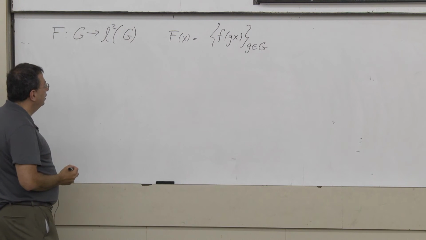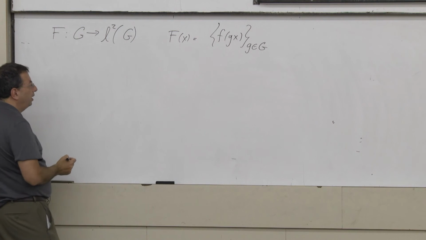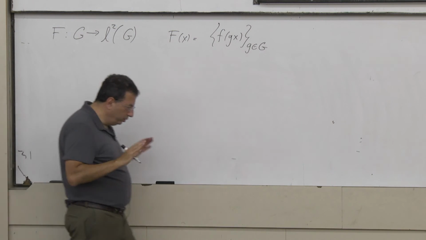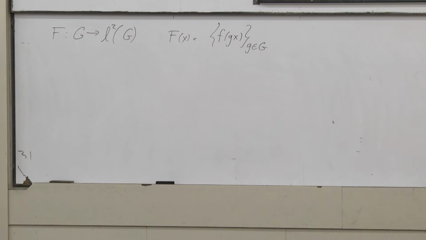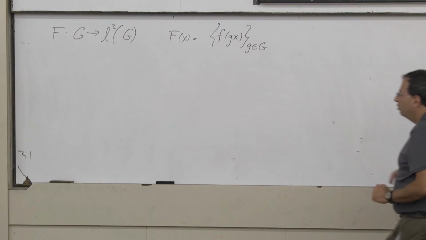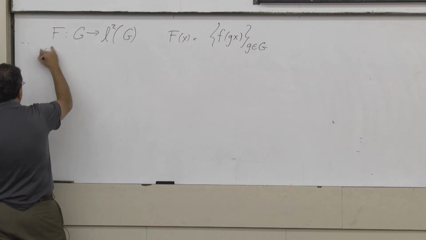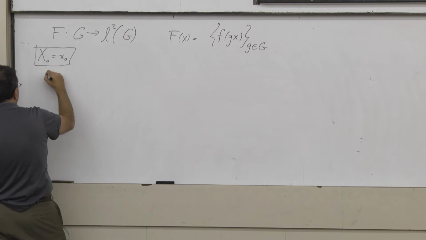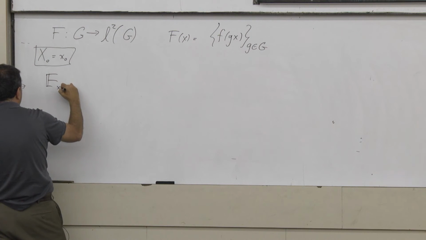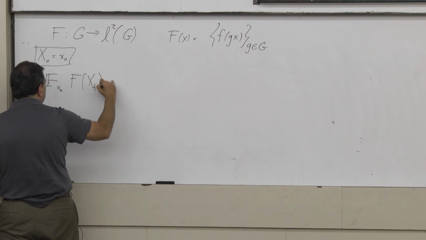Okay, so this is capital F, and the idea is that we want to understand distances for the walk. We'll map into this Hilbert space and see distances there and then convert back. So for this, we're going to start x0 at some initial point, little x0, a fixed point in the group. And then we're going to compute the expectation, starting at that point, of the norm squared of F of xt minus F of x0.